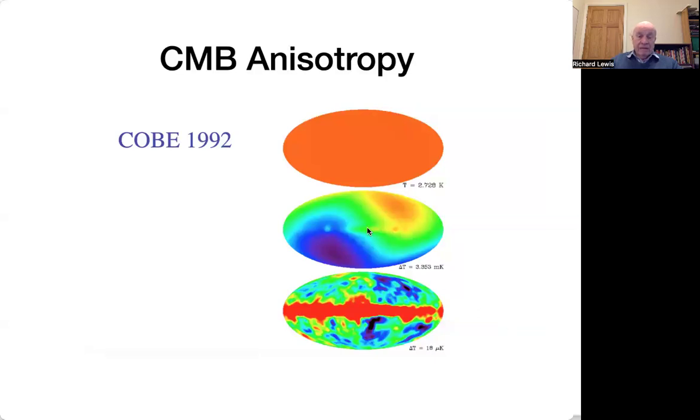And this middle figure here is interesting because the cause of this is attributed to the fact that the Milky Way is moving relative to the CMB rest frame, and it's moving at a speed of around 552 kilometers per second, and that is why one region appears hotter and another region appears colder.